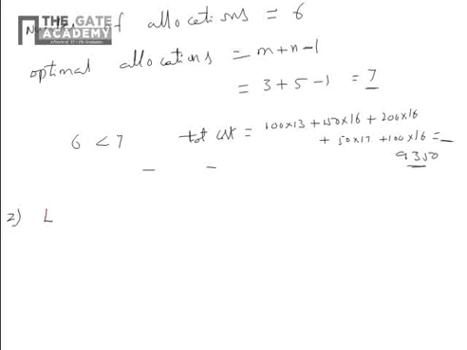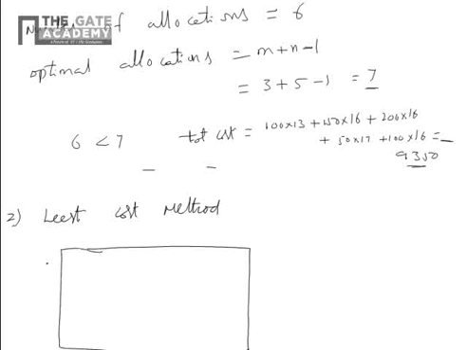The second method is the least cost method. In the same problem, S1, S2, S3 are sources, and D1, D2, D3, D4, D5 are demands.